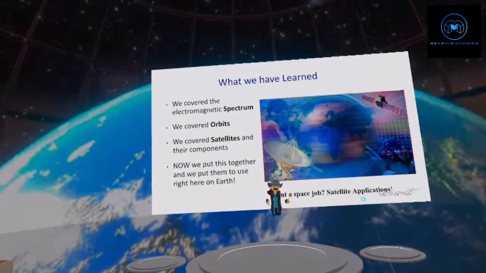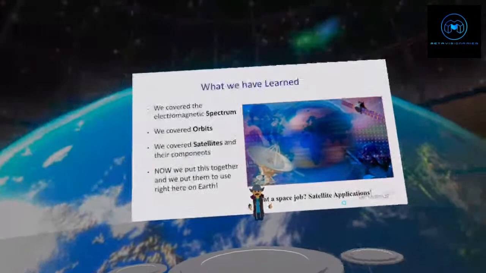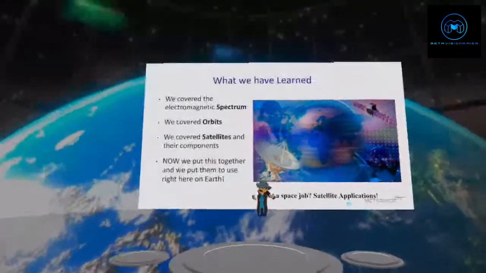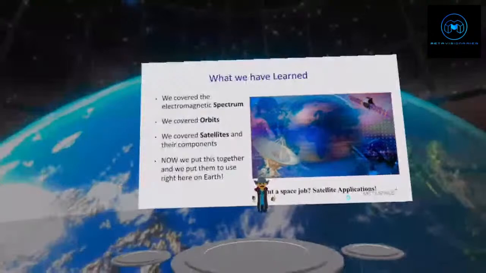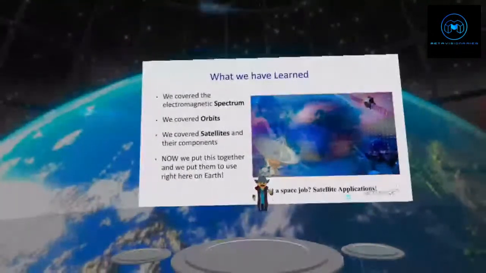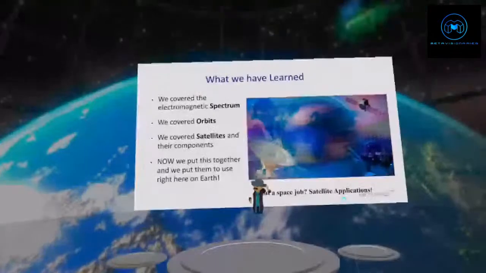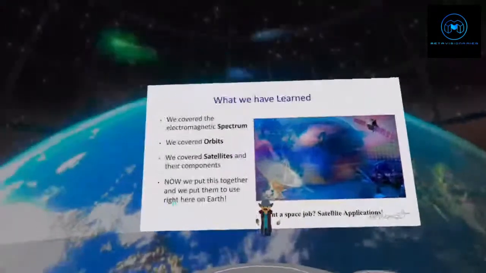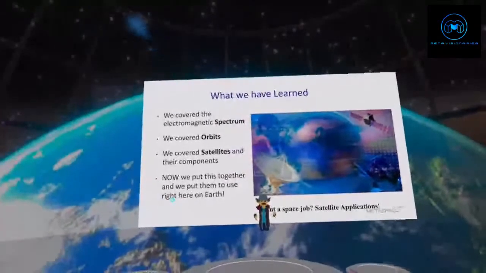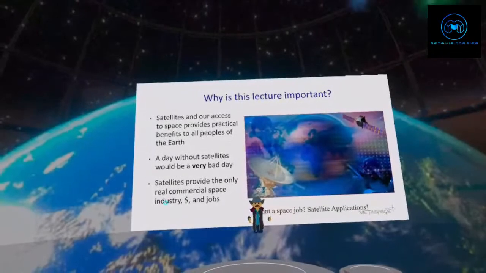And then we also heard about satellites and their components and how we put these things together. Now my job is to put all of the things that you've heard so far together. I'm going to talk to you about what is really important to me, which is how we can put these incredible technologies to use right here on planet Earth.